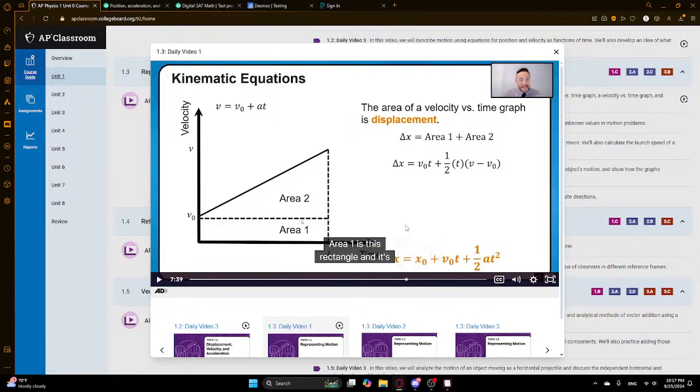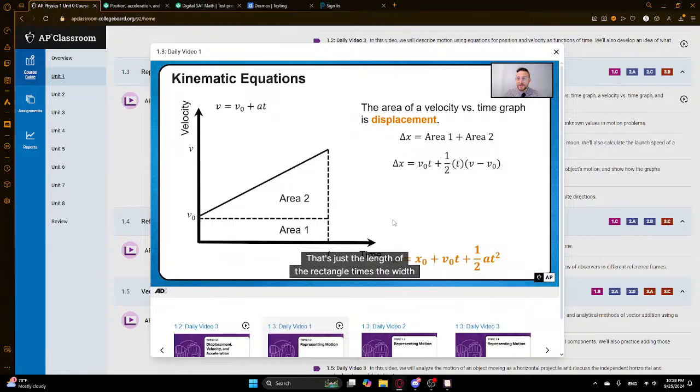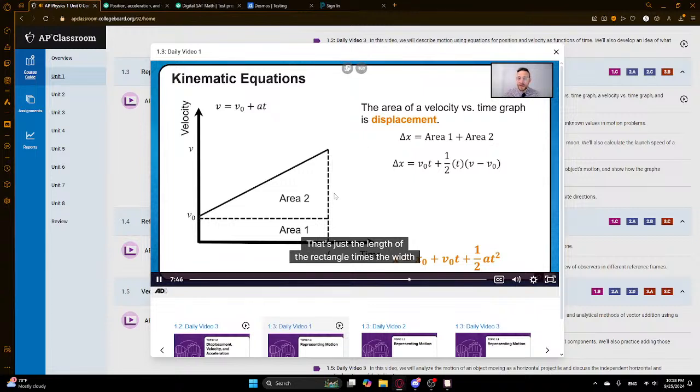And what was he saying? This rectangle is going to be the initial velocity times the time. That's just V initial times time, the length of the rectangle times the width of the rectangle.